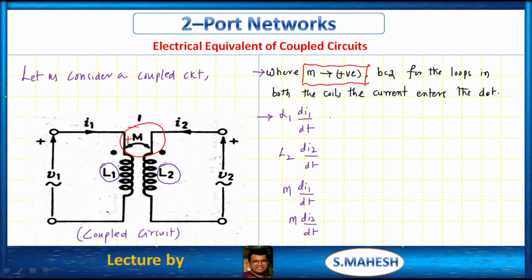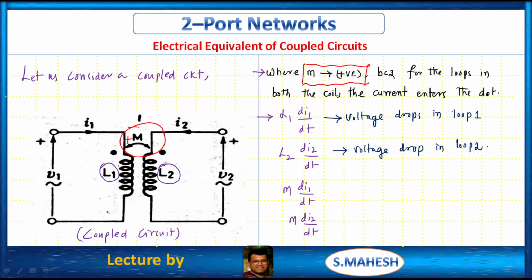These are nothing but voltage drops, right? Voltage drops in loop 1 and voltage drops in loop 2.